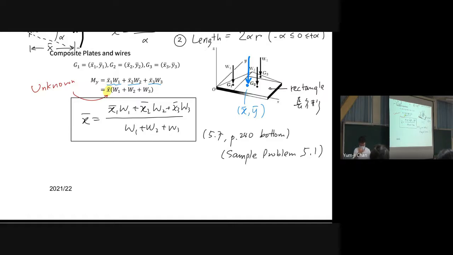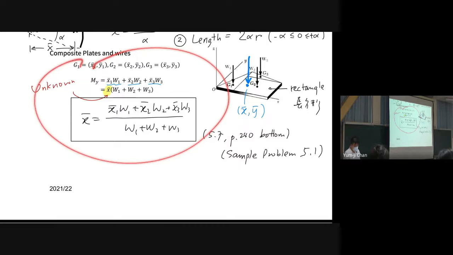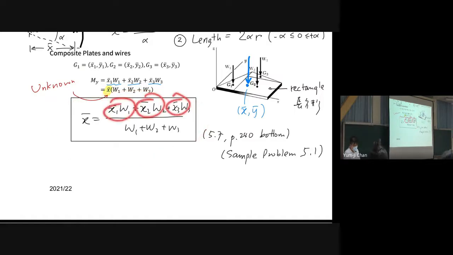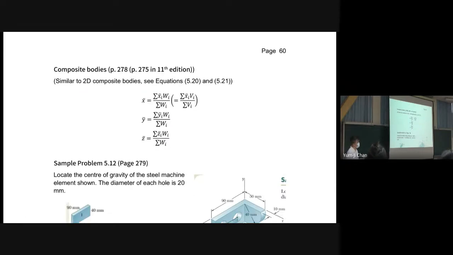In a 2D system, we can determine the centroid of the whole area by the centroids of the different parts. Now, the same thing can be done for 3D objects.